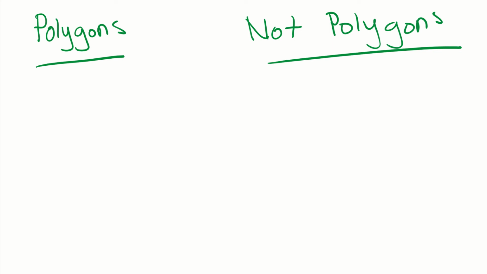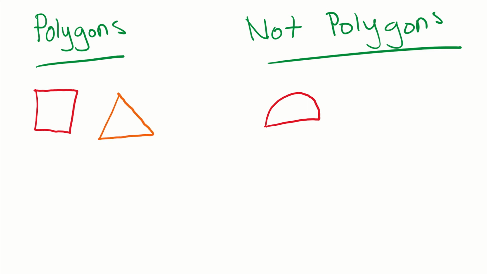Let's see if you can see why some of these might be polygons and why these may not be polygons, as we think about three distinct attributes that make a polygon a polygon. So let's have a look. This is a polygon. This is not a polygon. This is a polygon. This is not a polygon. This is a polygon.